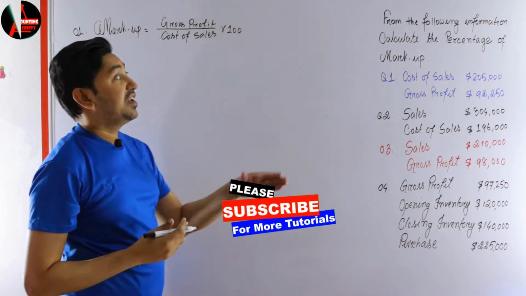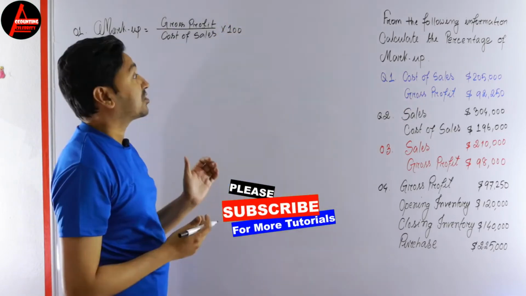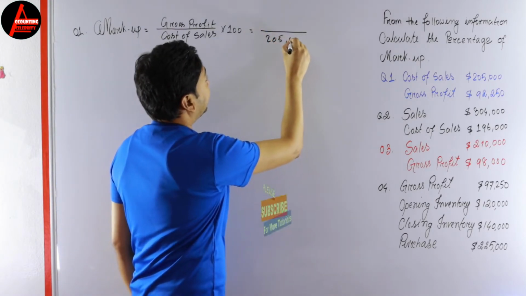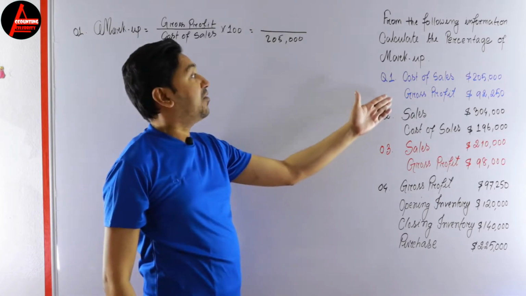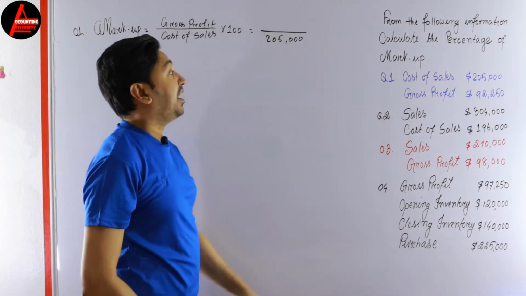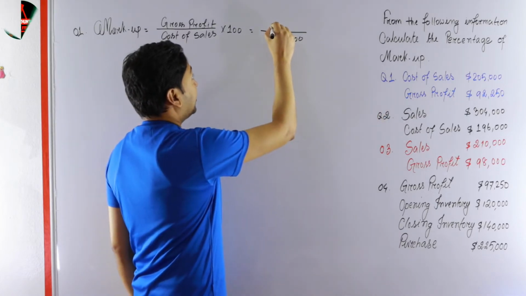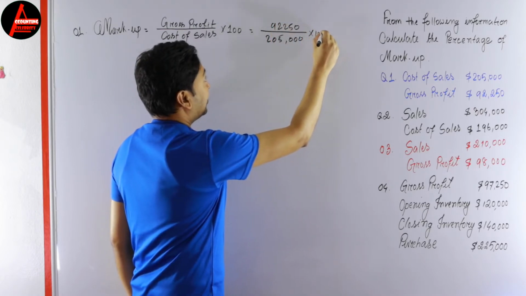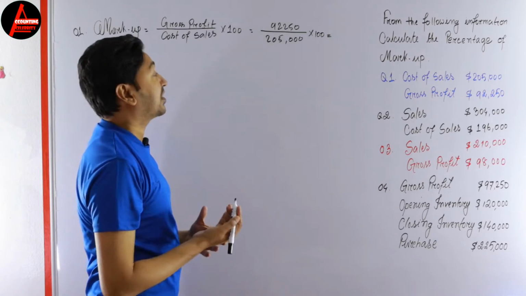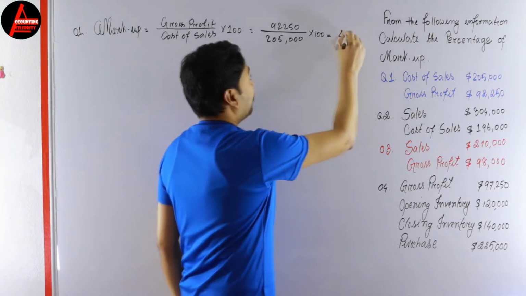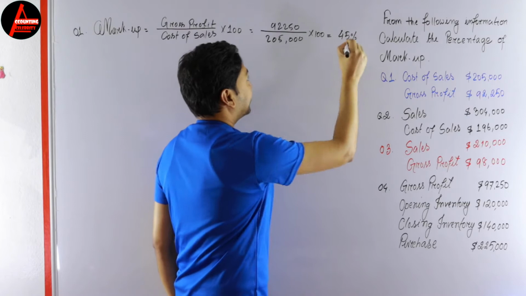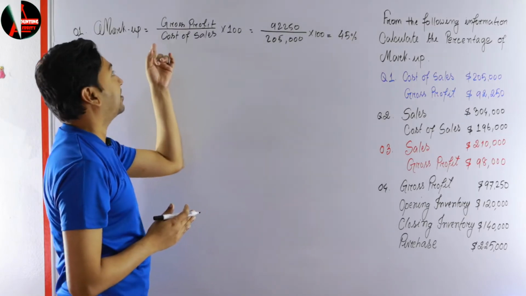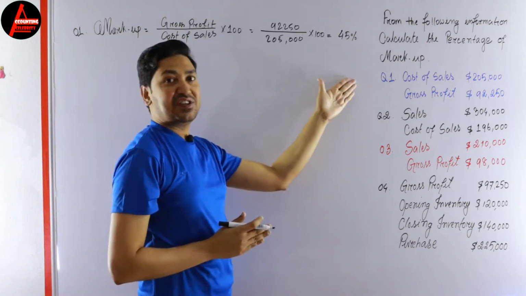Okay, so in this question we have cost of sales $205,000 and gross profit $92,250. Then if we multiply by 100, after calculation we get 45%. Yeah, this is very simple when you have these items clearly in the question.